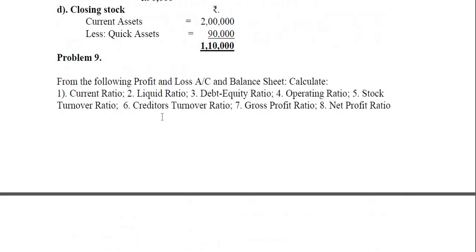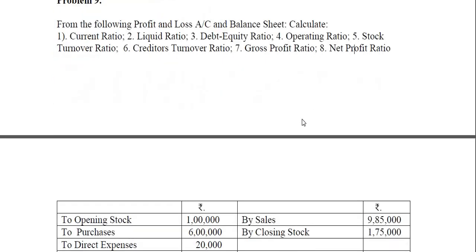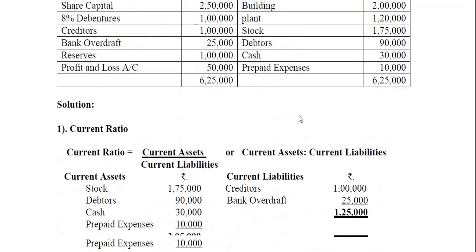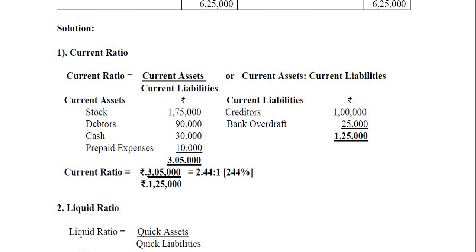And then you find gross profit ratio, very easy. Gross profit divided by net sales into 100. Net profit ratio, net profit divided by net sales into 100. Yes, you see the calculation. Current ratio is equal to current assets divided by current liabilities. So current assets are the total of these 4 items, so you will get 3,05,000.